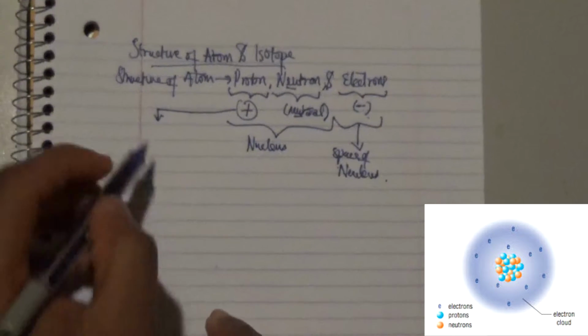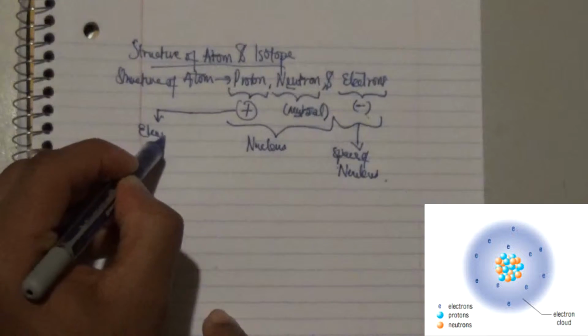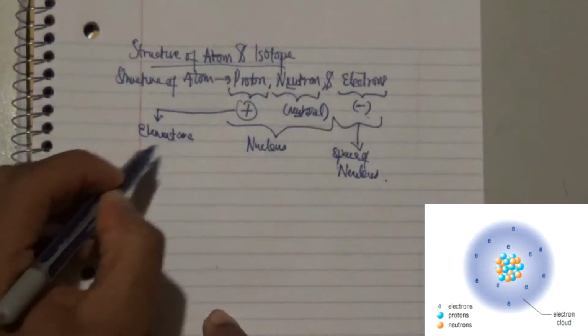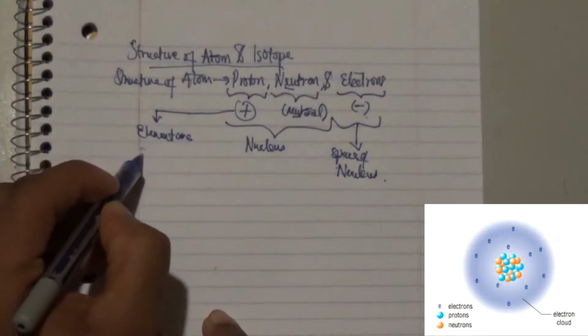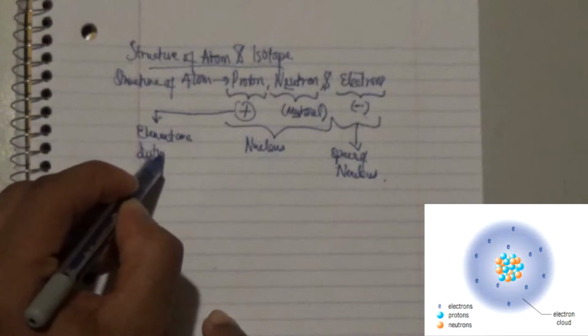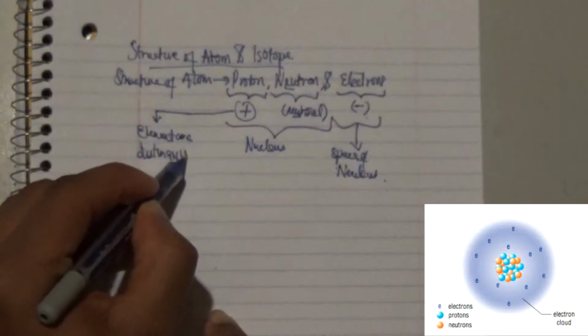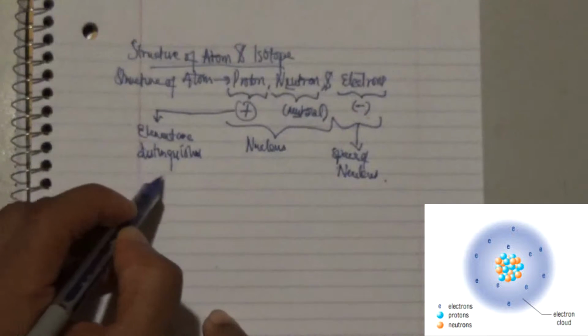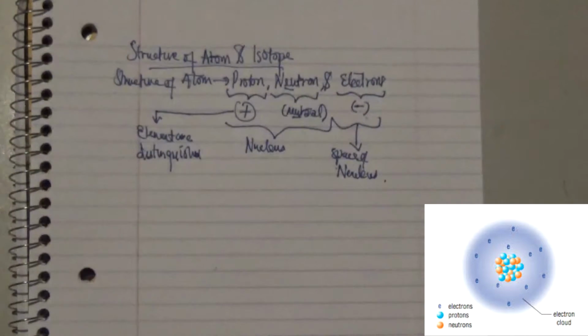So in this case, we do know that elements are distinguished in terms of this number of protons.